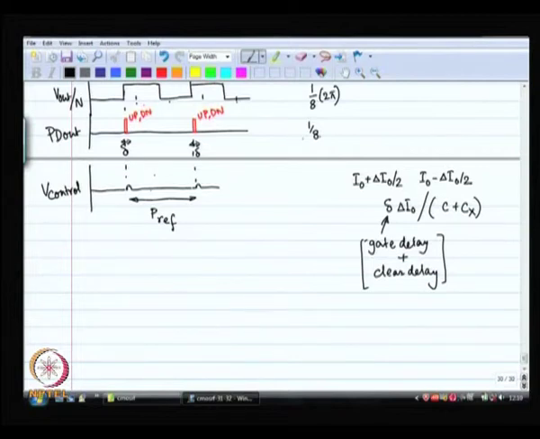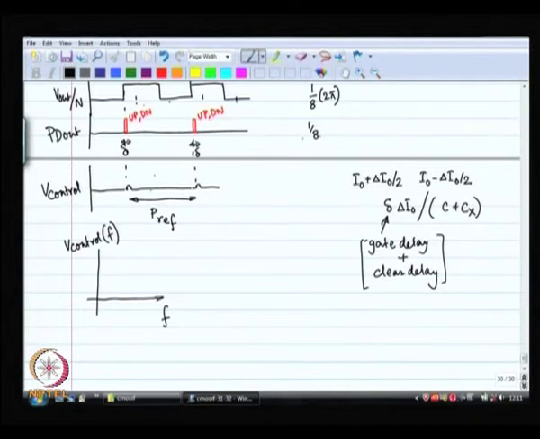What does this mean? This means that if I look at the spectrum of V control as a function of frequency, of course, V control, the final value, should have been a constant voltage.